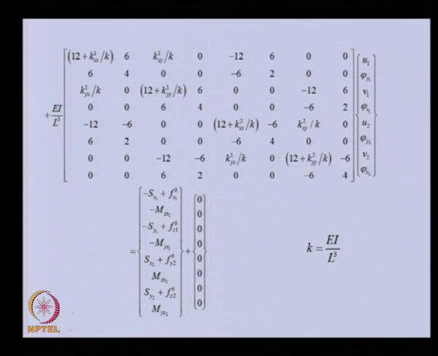Similarly, the stiffness of the shaft as well as of the bearing we have combined here. You can see the contribution of the bearing to the shaft element stiffness are these. These are the contributions from bearing 2 and these are from bearing 1.